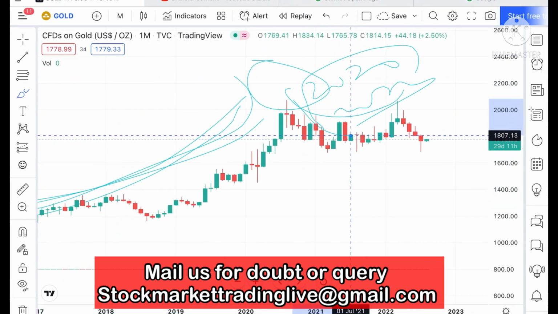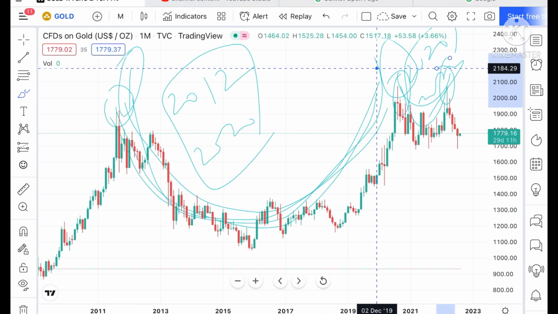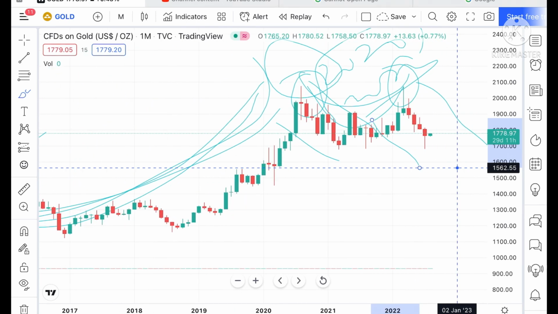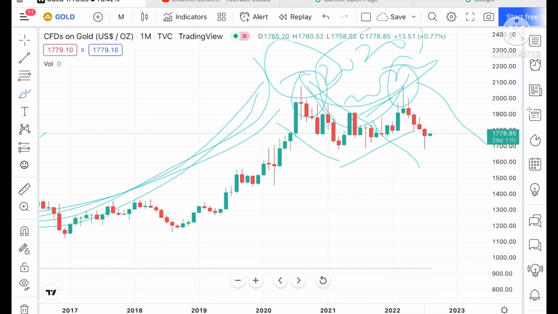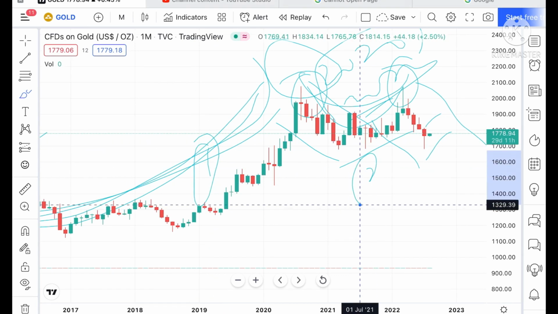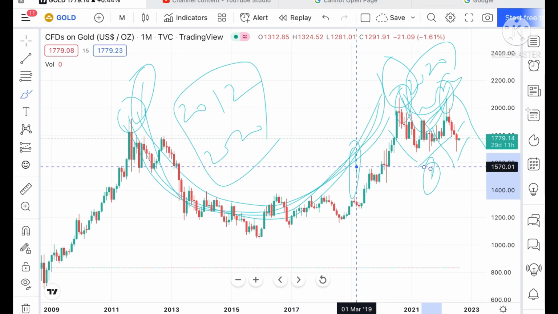The same U pattern is formed here, the two highs. After that we have seen a sharp fall. We have seen a sharp fall here also, but after the sharp fall we have seen a sharp rise, and now it is trying to move upside, creating the same pattern. This is like the first one. So what can we see looking at the chart for the next month?